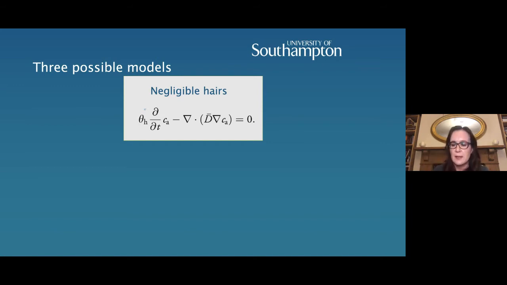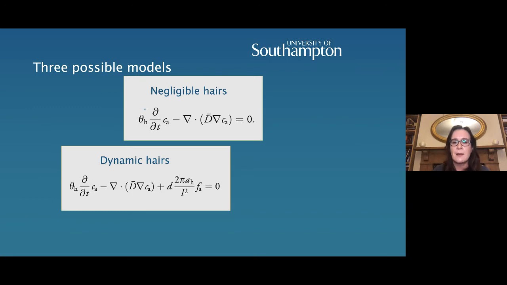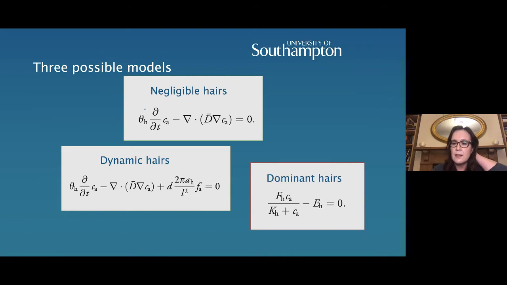The second one is dynamic hairs. So that means that the root hairs are taking up phosphorus at roughly the same rate as the diffusion is resupplying it. And the third one is that they are like little hoovers in a pore scale. So as soon as the hairs go into the pore space, they hoover up everything, leave nothing behind.